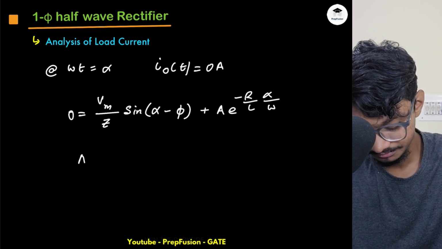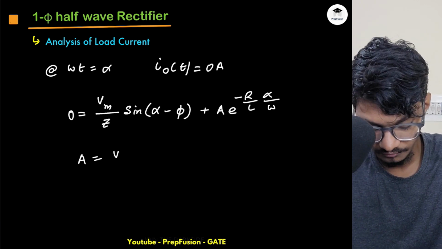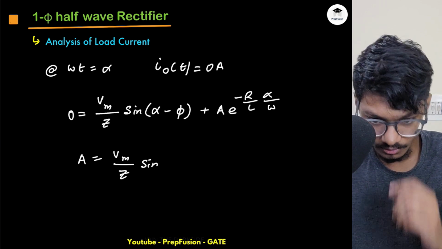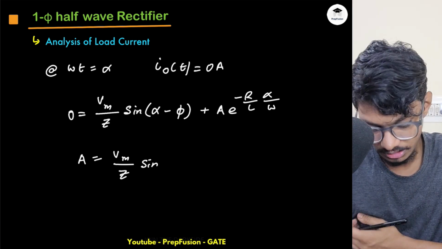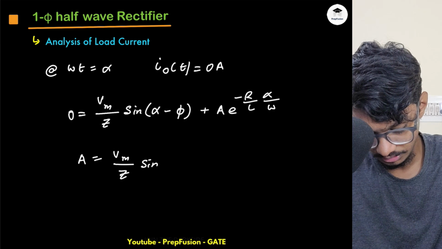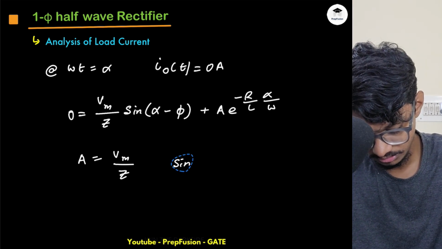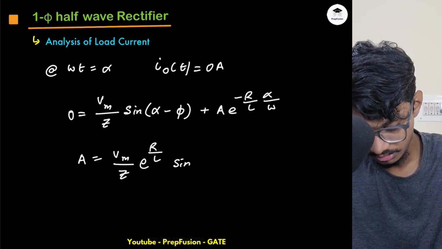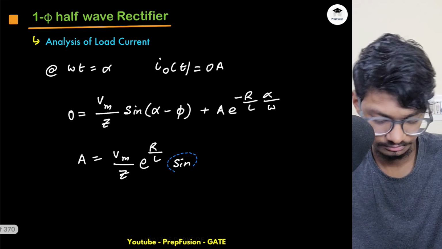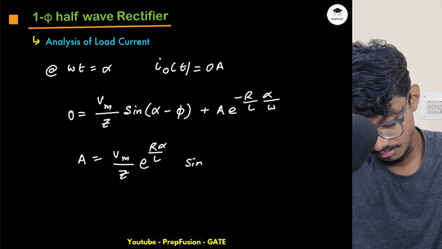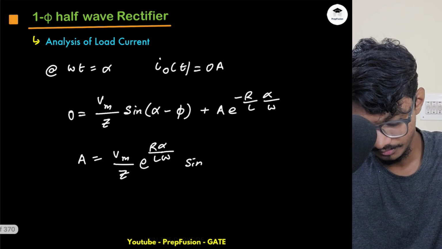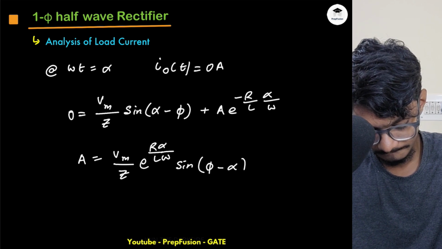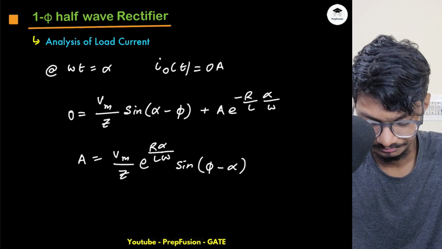So my A will be simply equal to Vm by Z sine, I can put this on the left hand side, and there will be a multiplication as well into e raised to power R by L times alpha by omega, of phi minus alpha.